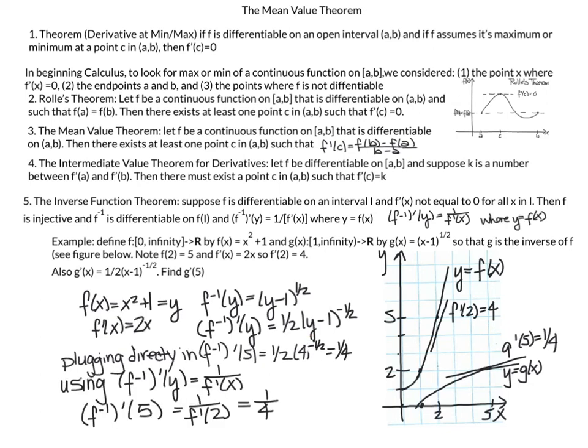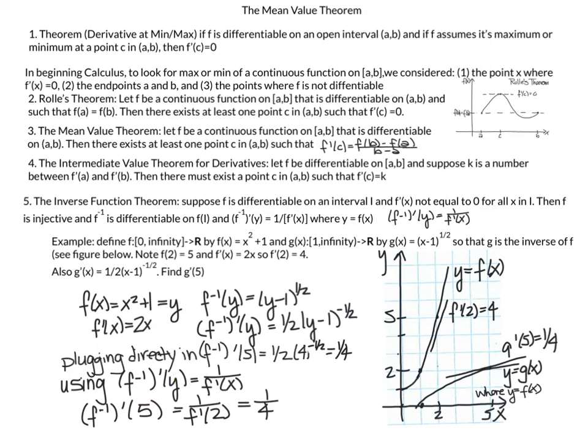Now I can use the formula from my inverse function theorem that says f inverse prime of y is equal to 1 over f prime of x. So f inverse prime of 5. Now you have to remember that this is x and this is y, so you have to convert this y into an x.